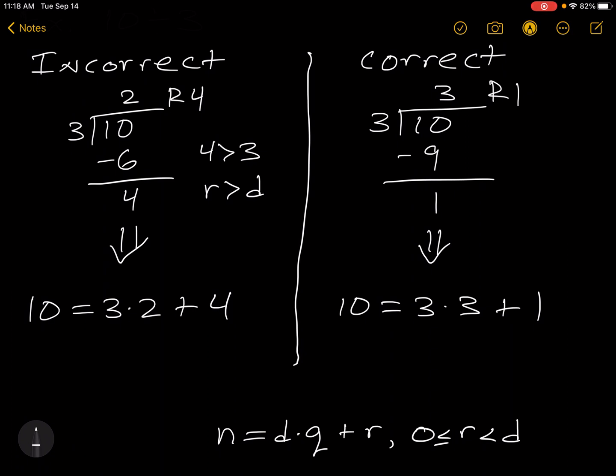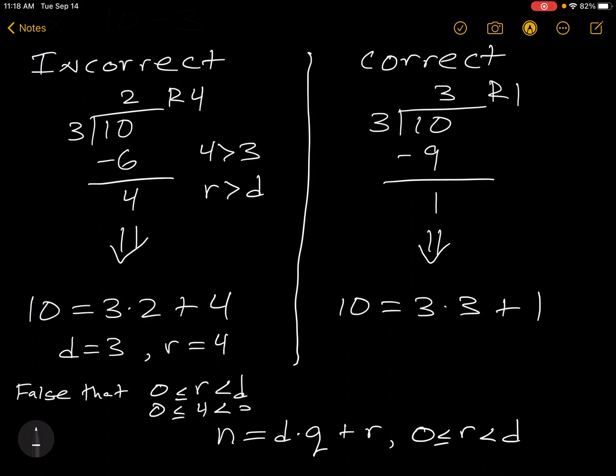Now notice here, our divisor is 3 and our remainder is 4. So it's false that r is greater than or equal to 0 and less than d, because it's not true that 4 is greater than or equal to 0 and less than 3. 4 is bigger than 3.